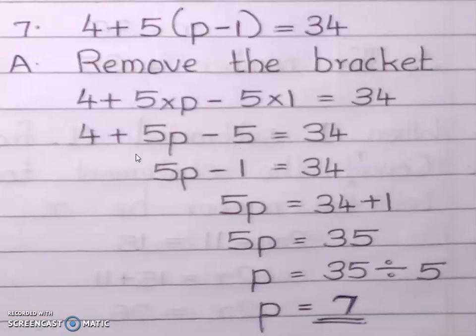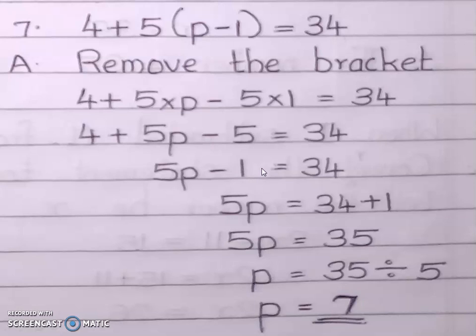Now, what are the numbers here? 4 minus 5. What is 4 minus 5? It is minus 1. So, 5p minus 1 is equal to 34.